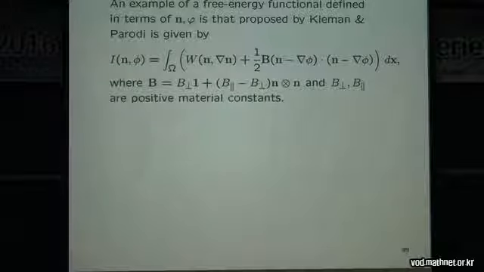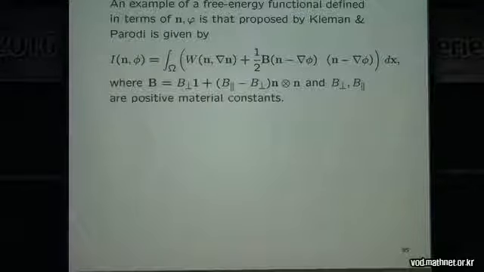Now, an example of a free energy function defined in terms of n and phi is that proposed by Kleman and Parodi. It's given by this expression. You've got your favorite W here from Oseen-Frank, and then you add on a term with n and the gradient of phi.